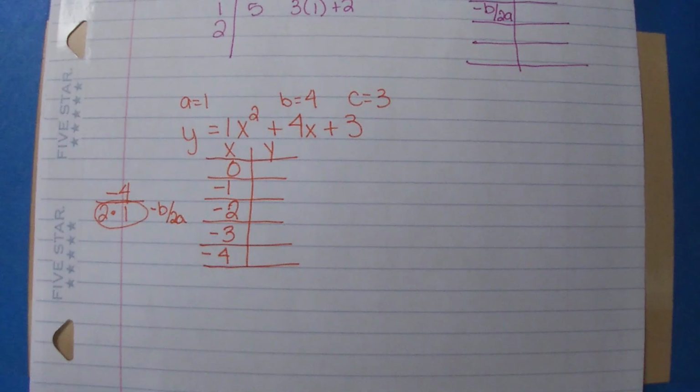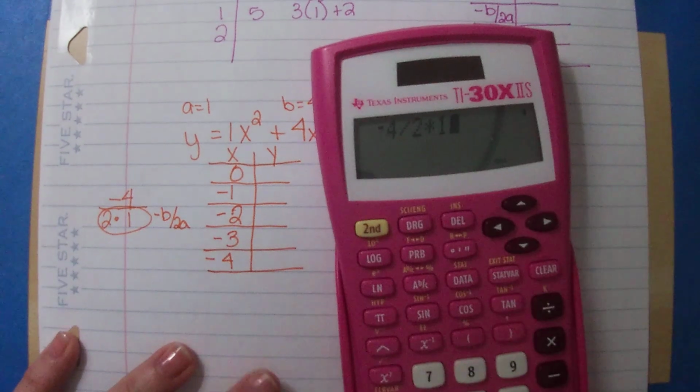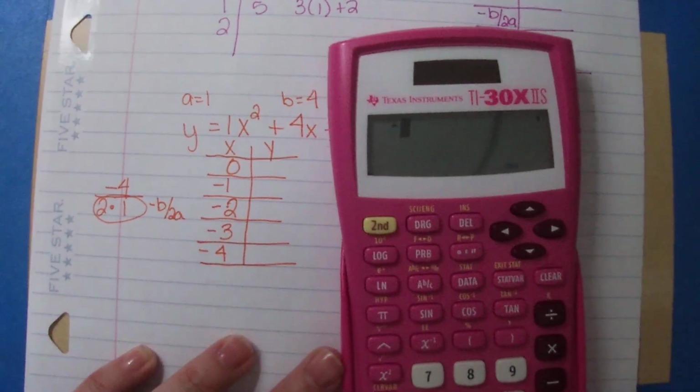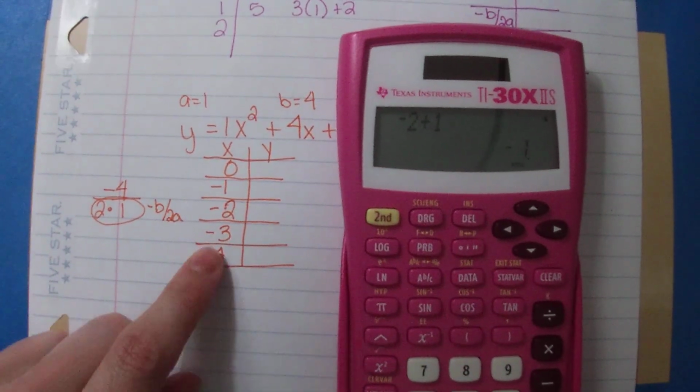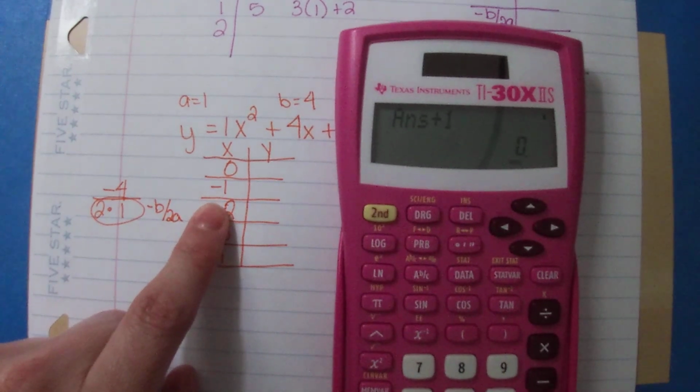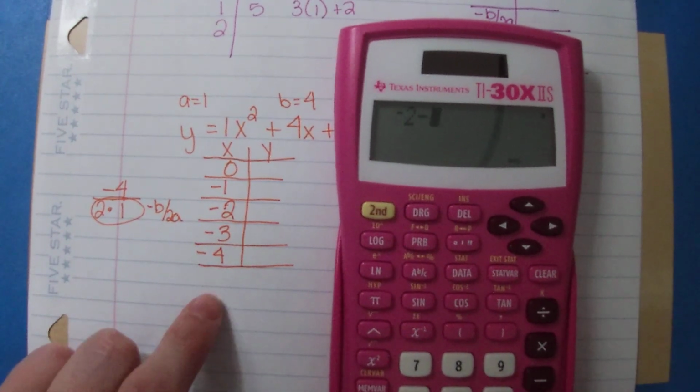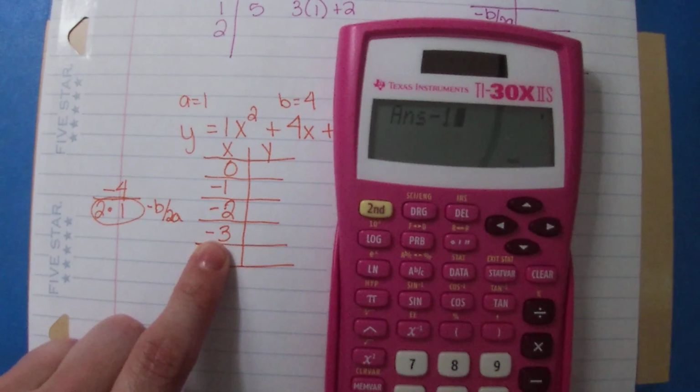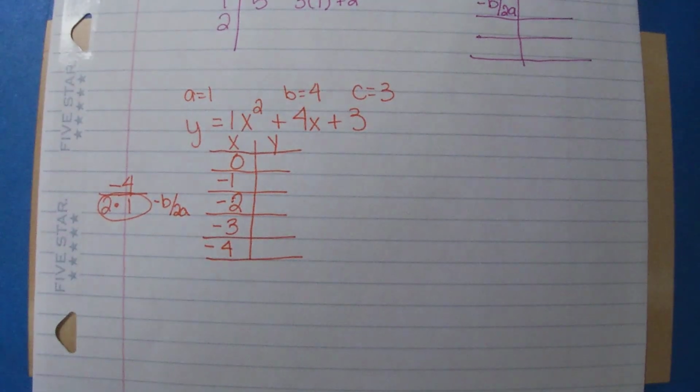It does not matter. You can go either direction, whatever makes sense to you. If you wanted to, you could take negative 2 and then do plus 1 equals, plus 1 equals, and then do negative 2 minus 1 equals, minus 1 equals. But I'm just making it be like a number line.